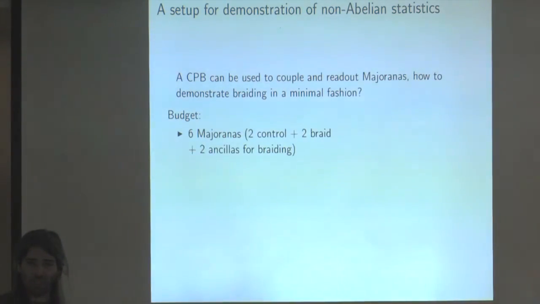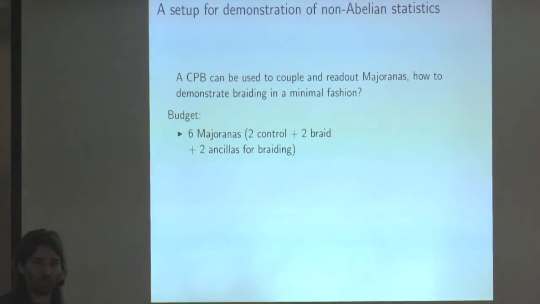So what we will need is 6 Majoranas. This number is non-negotiable. Specifically, there are 2 Majoranas that have to be braided. There are 2 ancillas that need to be there to implement the braider. And 2 more Majoranas are required, really 1, but they come in pairs, as a reference in order to implement a reference measurement.